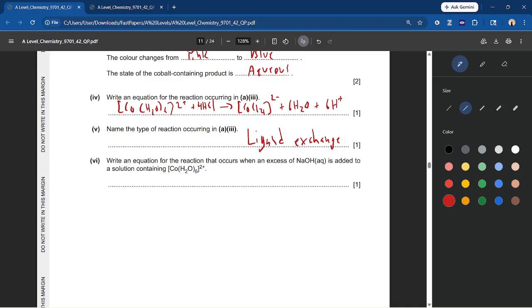Write an equation for the reaction that occurs when excess sodium hydroxide is added. We're just going to mention the ions that are involved. So this will be Co(H2O)6 2+ plus 2 hydroxide ions, which gives you cobalt chloride plus 6 H2O.